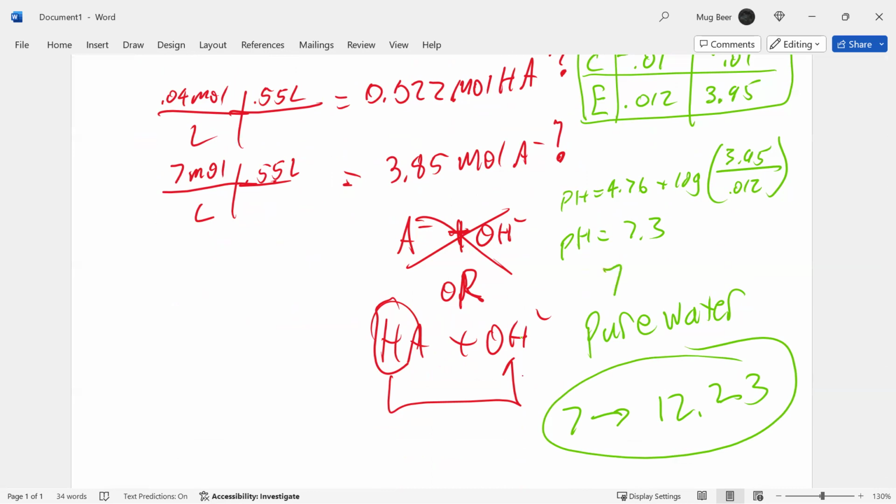And this time it goes from 7 to 7.3. So did the buffer buffer? Yeah, this is how buffers work. They have the salt of the weak acid and the weak acid. I put them together, and one of those two things is going to react with whatever I add. If I add a base to it, then the weak acid's going to react with it. If I add an acid to it, then the base is going to react with it. What they're effectively doing is removing that substance from the solution.